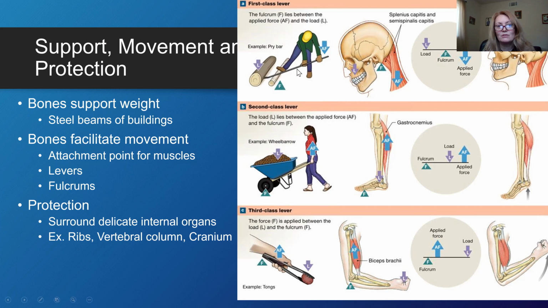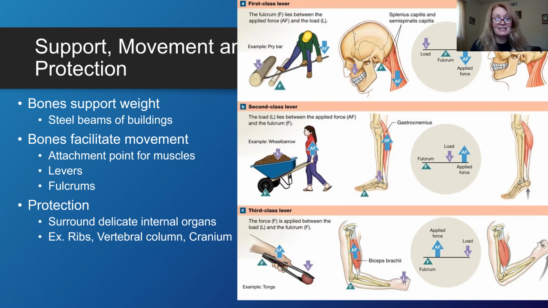Without this lever, or this wheelbarrow, or tongs, you probably wouldn't be able to perform any of these tasks. So your bones and your muscles work together to create this system of levers, and it allows you to lift a heavier load without increasing much the force of contraction of your muscles.